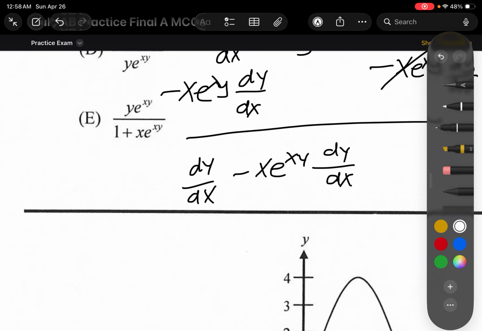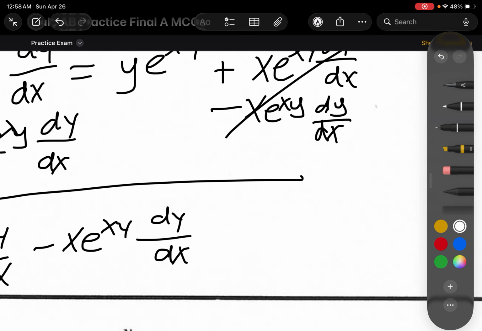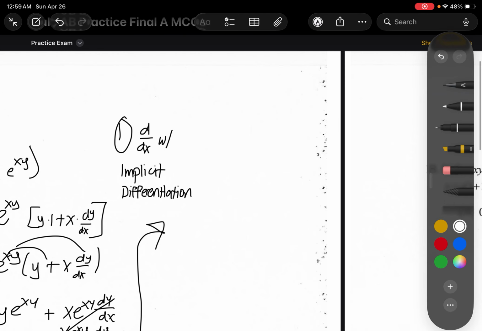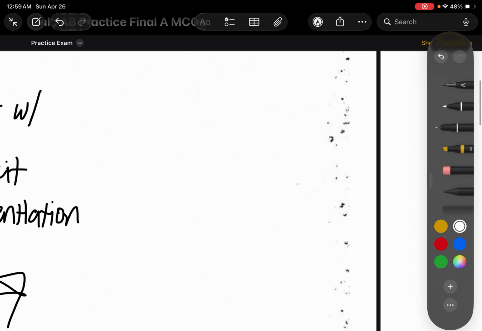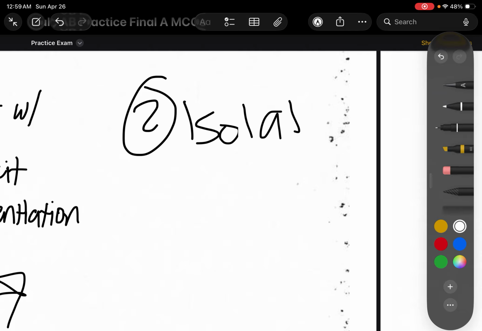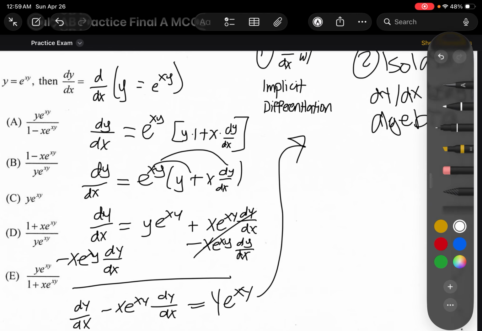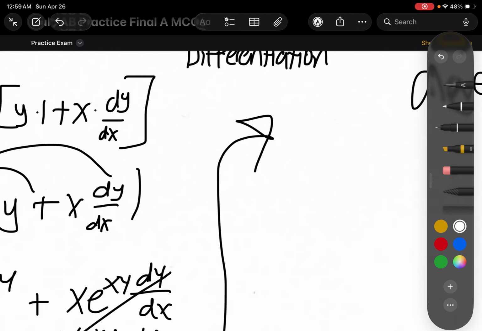Now we're going to simplify this, and we're going to factor out a dy/dx here, so it's going to look something like this.